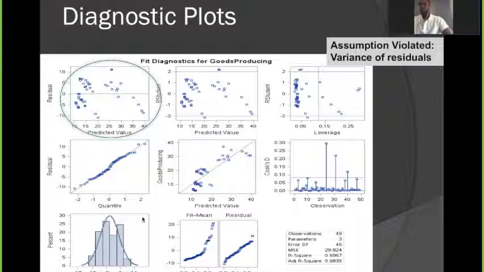But as we can see in the top left corner, the encircled plot, the residual plot does not show constant variance. As a result, this issue violates one of the linear regression assumptions, which is that all of the residuals will have constant variance.